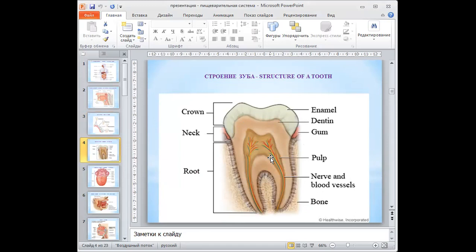The tooth root sits in the dental alveolus. The root tip has an aperture through which vessels and nerves enter. The tooth cavity is filled with dental pulp.